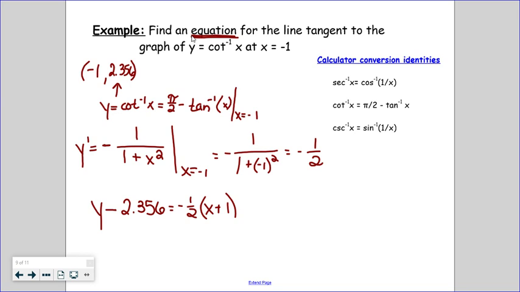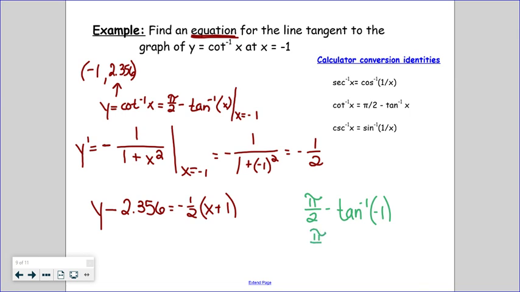If I was looking for evaluating the inverse tangent of -1, tangent is 1 at what angle? Pi over 4. So the inverse tangent of a -1 is actually down in quadrant 4. It would be a negative pi over 4.